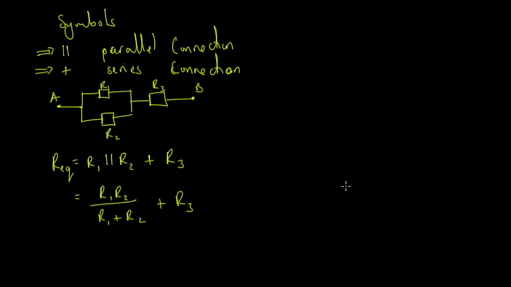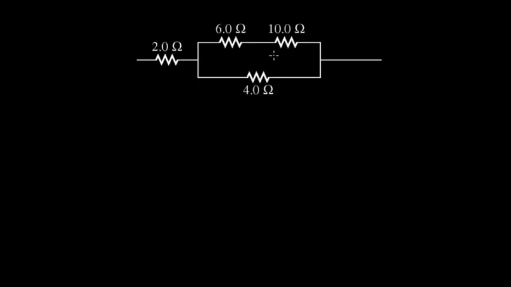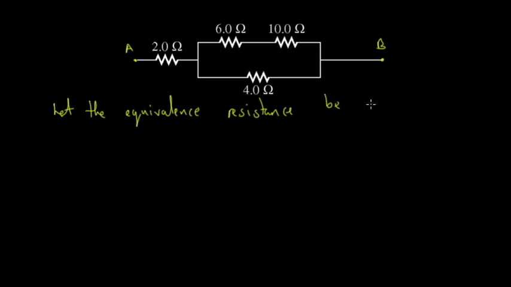Okay, let's try this using actual examples. It won't be that hard, it'll be easy. So for example, we have this, and we're asked to find the equivalent resistance between A and B. First, write: let the equivalent resistance be Req.